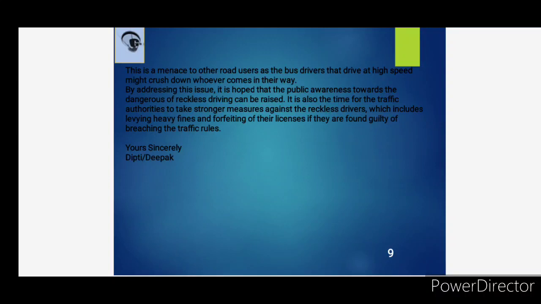By addressing this issue, it is hoped that public awareness towards the dangers of reckless driving can be raised. It is also the time for the traffic authorities to make stronger measures against the reckless drivers, which includes levying heavy fines and forfeiting of their licenses if they are found guilty of breaching the traffic rules.